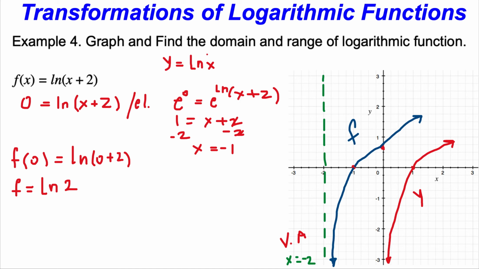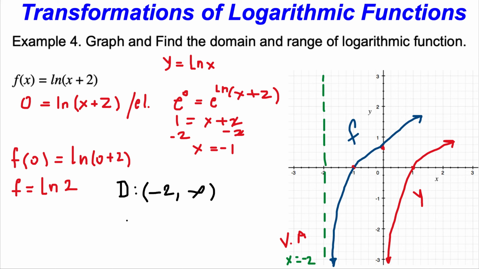And here, because we are looking for the domain and the range of this logarithmic function, let me state what is the domain. The domain we already see is here. The domain is from minus 2, but because this is an asymptote, it does not include it, so it is an open interval. The domain is the open interval from minus 2 to infinity.